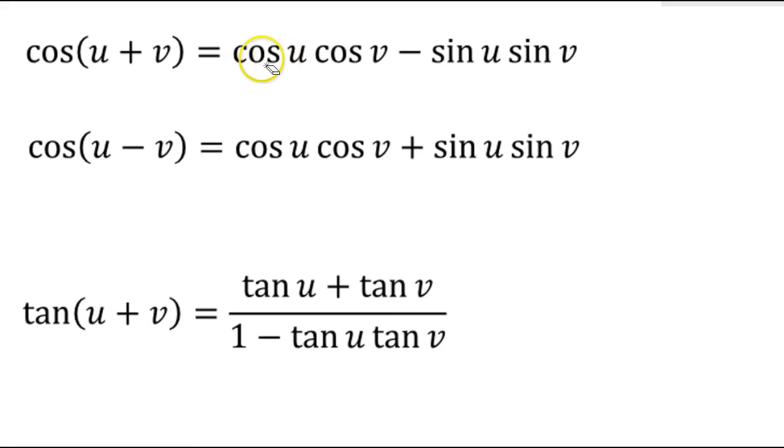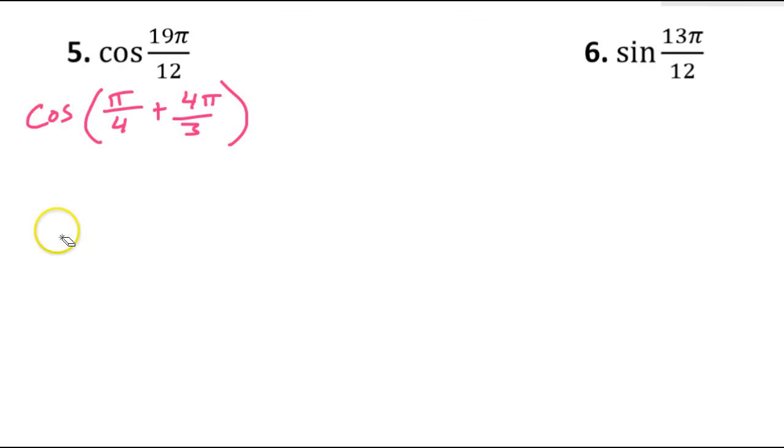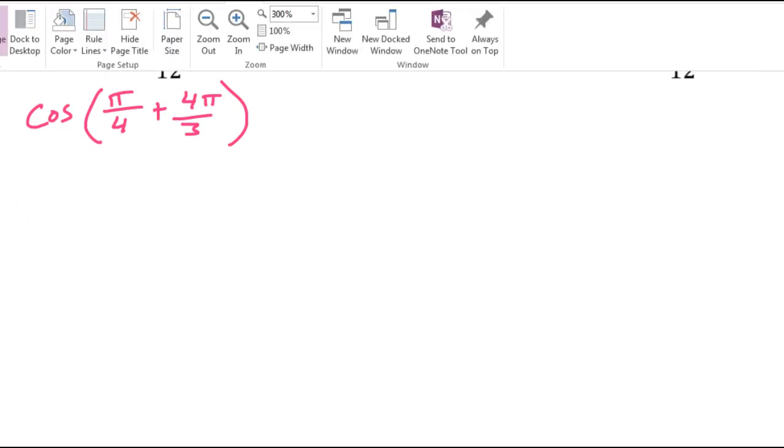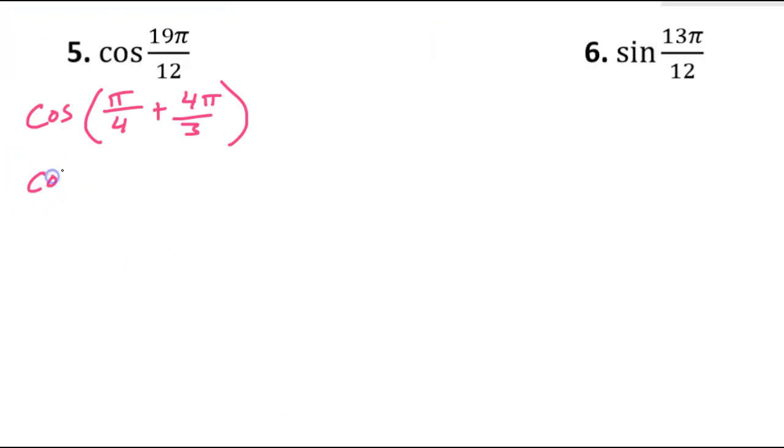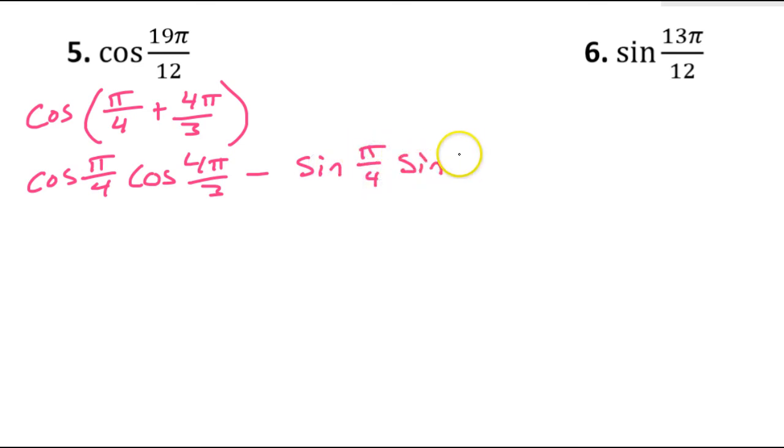So the cosine formula again goes cosine, cosine, sine, sine, and it switches from addition to subtraction. So I'm going to go cosine, cosine, sine, sine. So cosine pi over 4, cosine 4 pi over 3 minus sine pi over 4 sine 4 pi over 3.